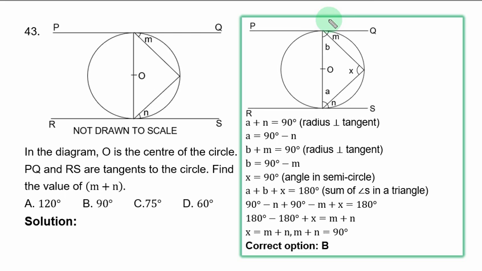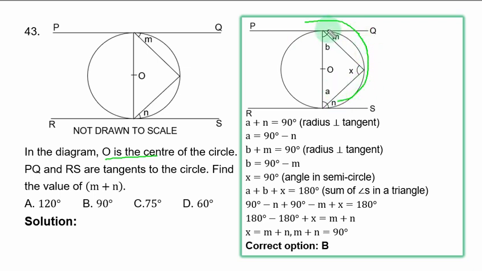Question 43. In the diagram, O is the center of the circle. PQ and ROS are tangents to the circle. Find the value of M plus N. Solution. To find the value of M plus N, we need to adjust the diagram by marking 3 other angles.